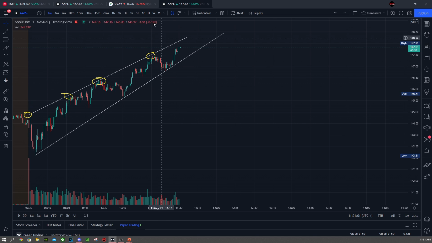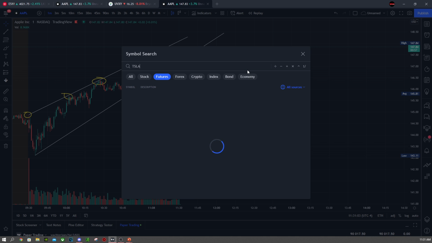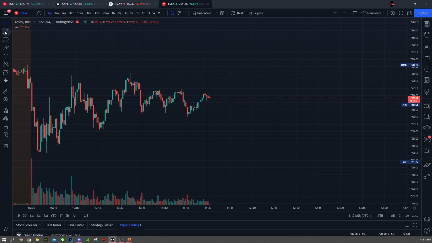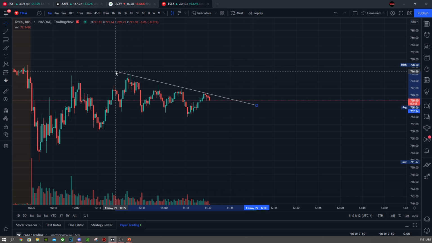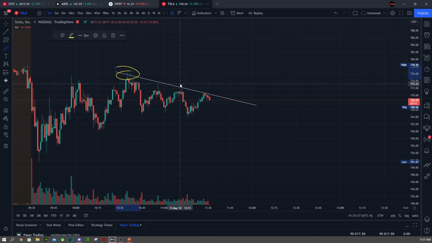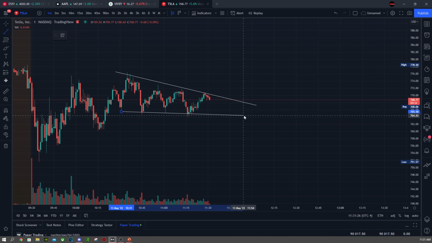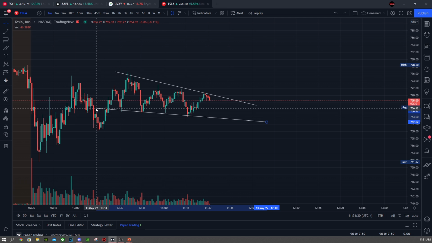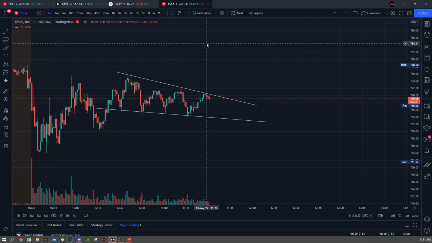And let's see if we can find, let's pull up Tesla. So Tesla, here we have, you can say that is a resistance line, we can reject here, and here, right? And then you can say this is a support line. So this is a falling wedge.